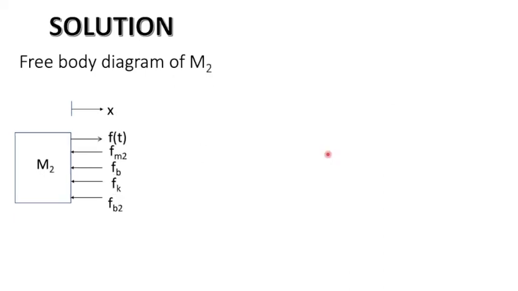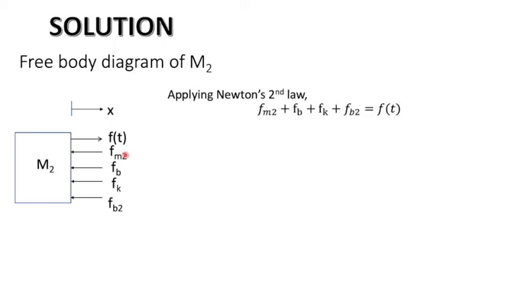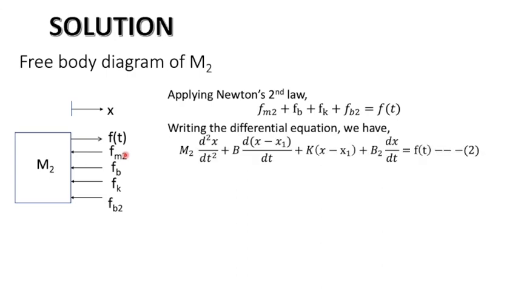Similarly, we look at the free body diagram of M2. Notice that here we have the applied force F and all the opposing forces shown here. Applying Newton's second law, we have the sum of opposing forces equal to the applied force. Writing the differential equation form, we have equation number 2.